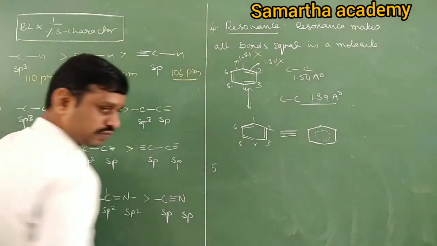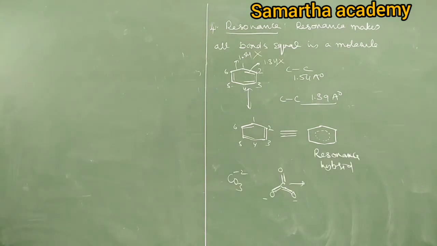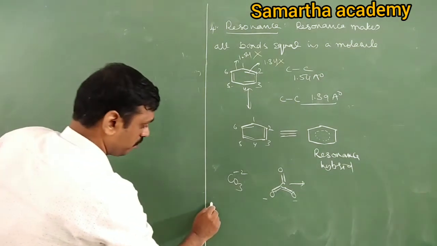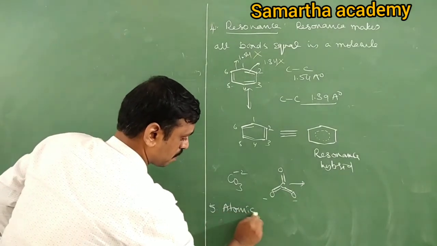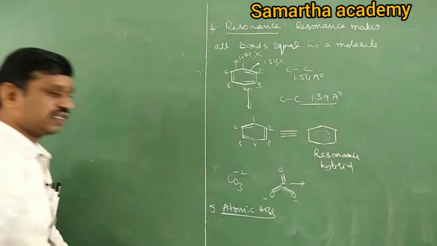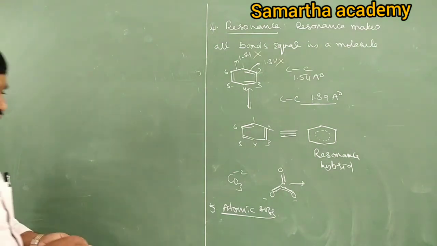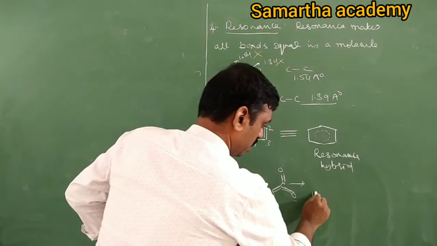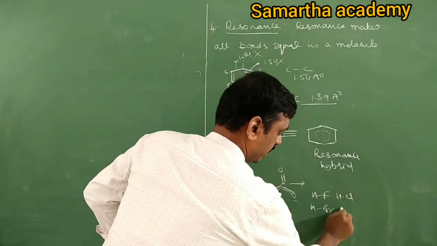Fifth. The next factor is atomic size. Yes, the fifth one is atomic size. How does atomic size influence the bond length? I will write one example: HF, HCl, HBr, HI.